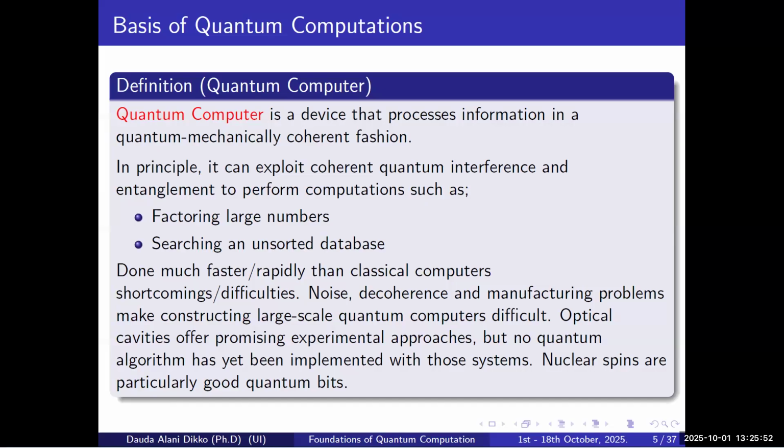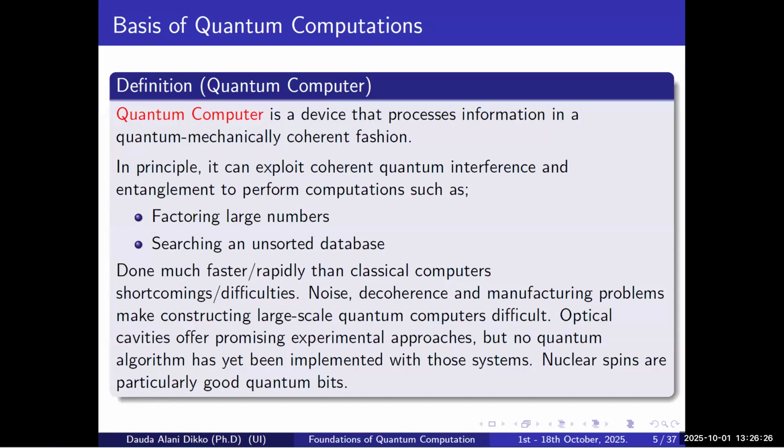There are a number of shortcomings and difficulties, but it is also shown that with the algorithms of quantum computation, you can achieve more, in faster and easier ways, than is done in classical computers. Examples of where this is used are manufacturing problems, optical cavities, and some other application areas. Optics is a core area where quantum applications fall.